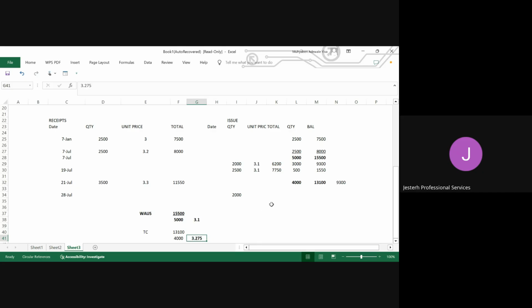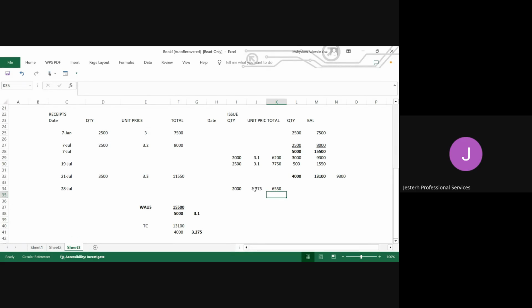So you now come here, 3 naira 275. Now, what is the total value now? 2,000 multiplied by this. Now, it means we are issuing out 2,000 units of this inventory at the rate of 3 naira 0.275 kobo.